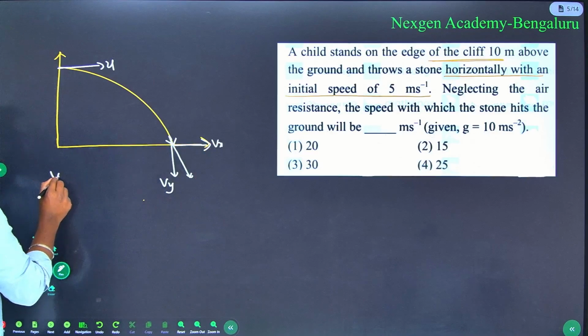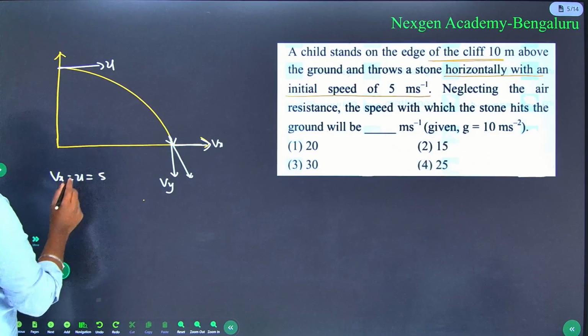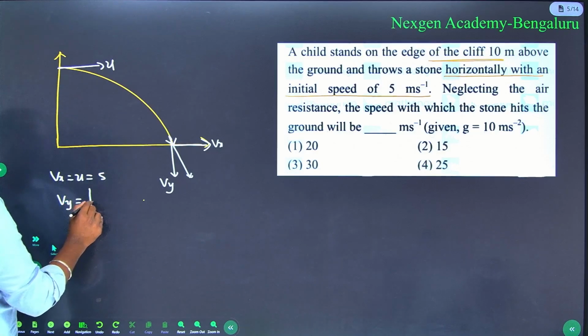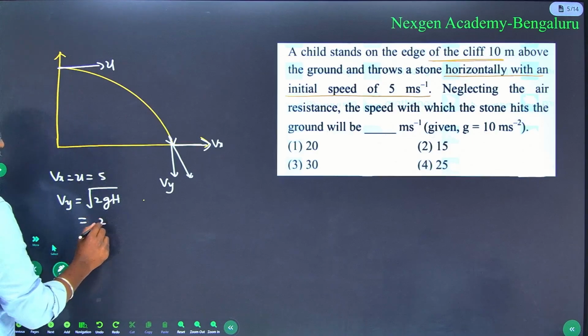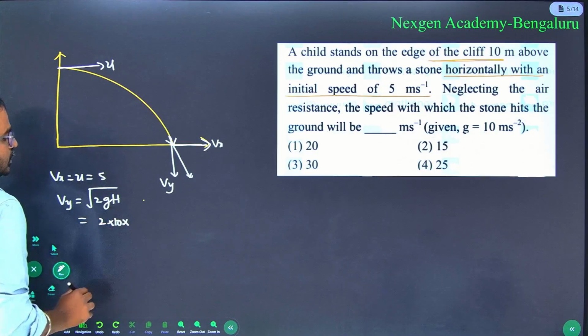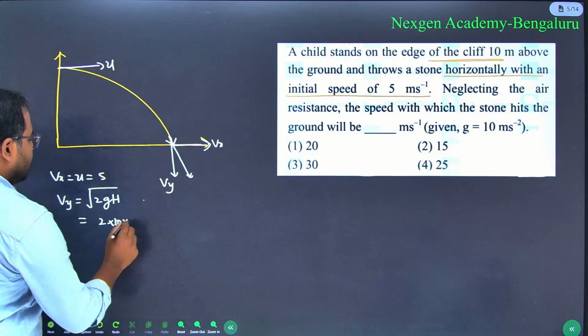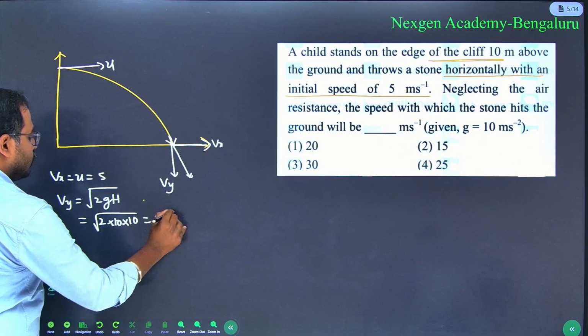Already we know that the horizontal component has no change, it is given to you as 5. Vertical component Vy is equal to square root of 2gh, which is 2 into g value 10, h is given as 10. So this is equal to square root of 200.